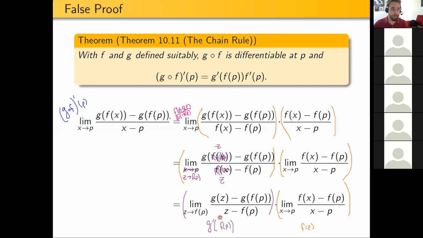And then we've gone and we've proven that this limit is equal to g prime of f of p times f prime of p. Oh man. Doesn't that look so good? That looks like it should be a complete and correct proof. And it gets us exactly what we want.